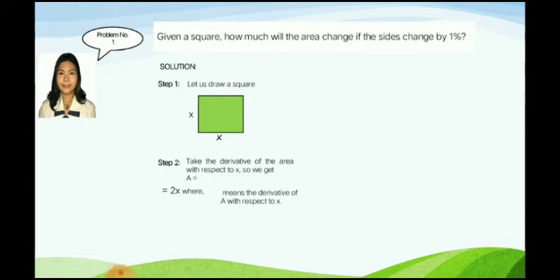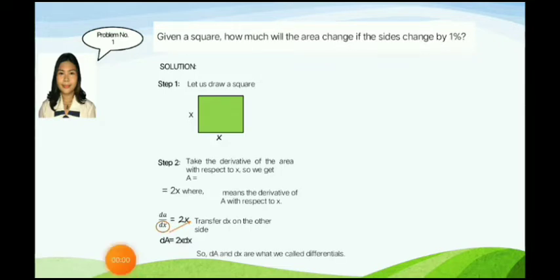To illustrate a little bit more, we're going to put the dx on the other side. In other words, we multiply both sides by dx, and so we get dA is equal to 2x dx.